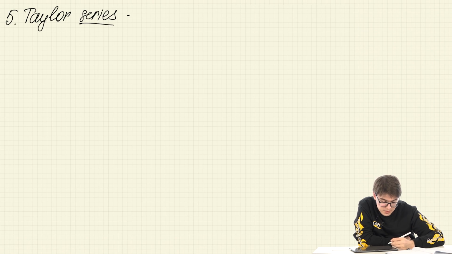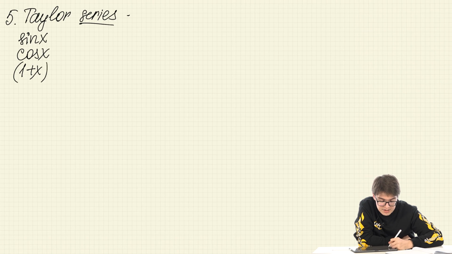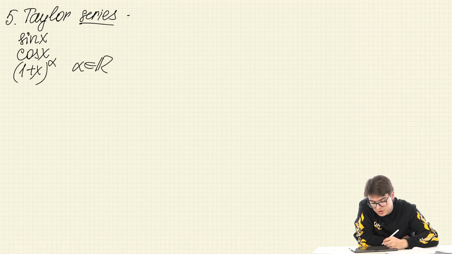So what is the problem stated by Taylor? There are many functions which are called elementary, like sine x, cosine x, 1 plus x in the power of alpha, where alpha belongs to real numbers.